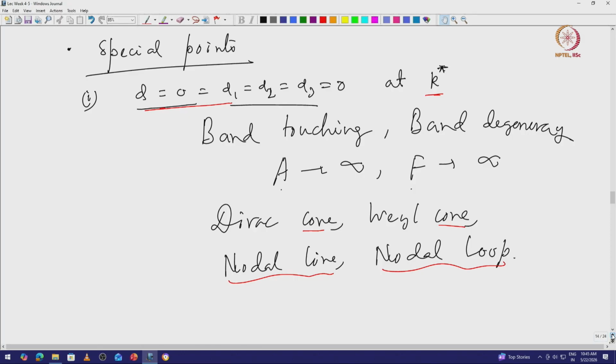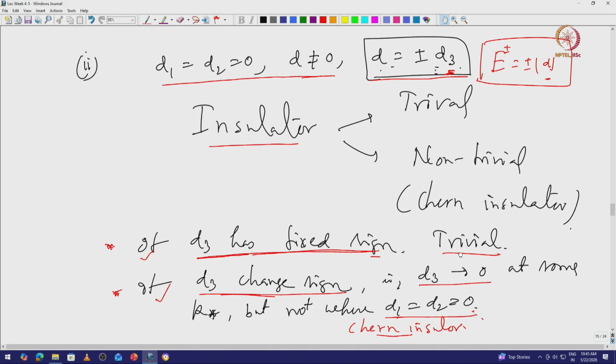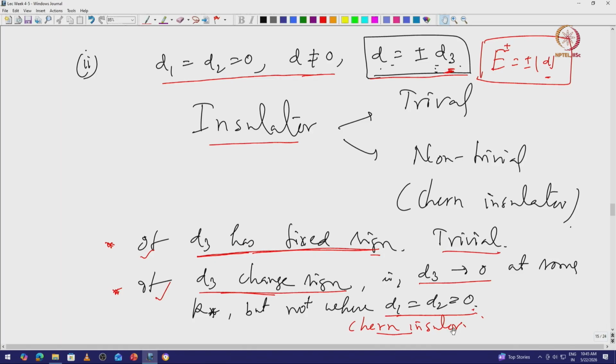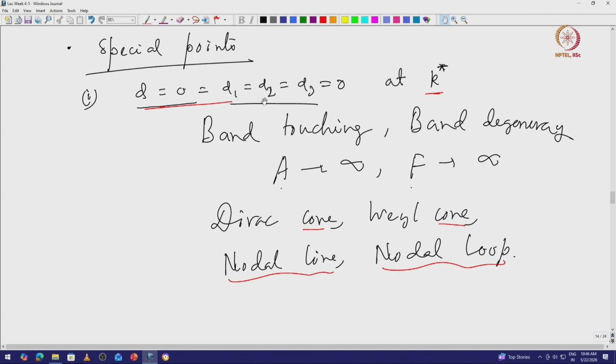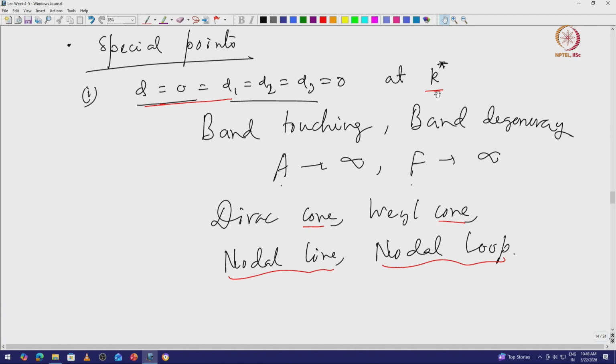Then we also saw that if you want to go from a phase transition from trivial to non-trivial, we have to go through a band degenerate point, and that band degenerate point happens at this point where all the 3D goes to 0. And now let us talk about this.